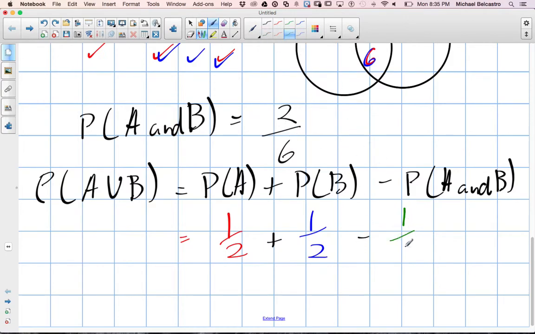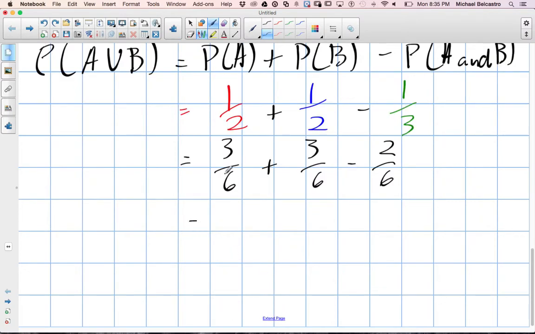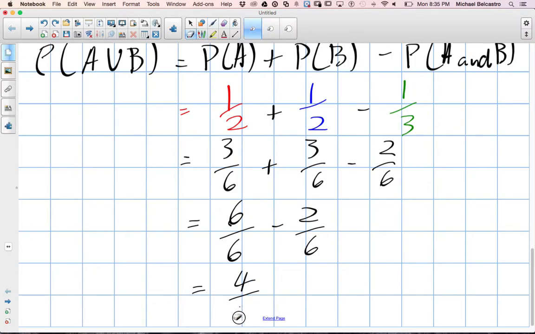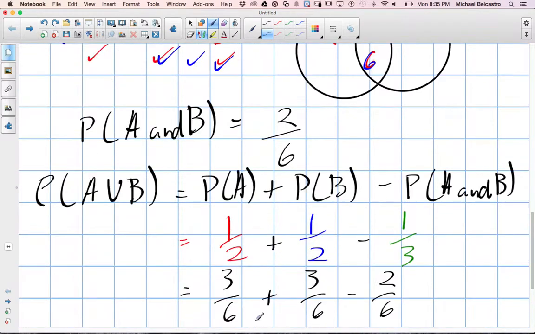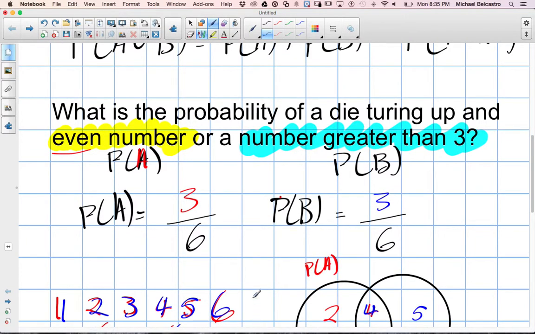Obviously, it would have been better if I left everything as a denominator of 6, so I'll rewrite it: minus 2 out of 6. We keep the denominator the same. 3 and 3 would be 6 out of 6, subtract 2 out of 6, and we end up with 4 out of 6. So the probability of getting an even number or a number greater than 3 is 4 out of 6.